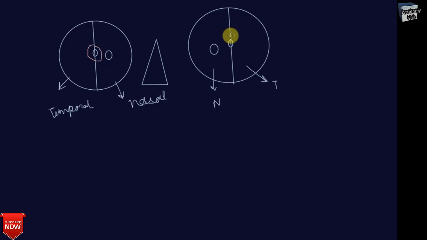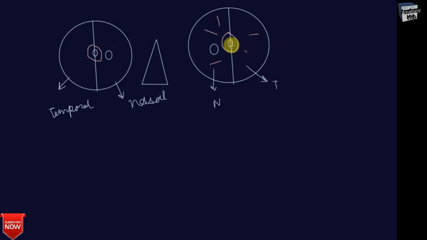So the macular area is at the center, and just peripheral to that you will find the paramacular area. The outer side, all these sides, are the monocular area.